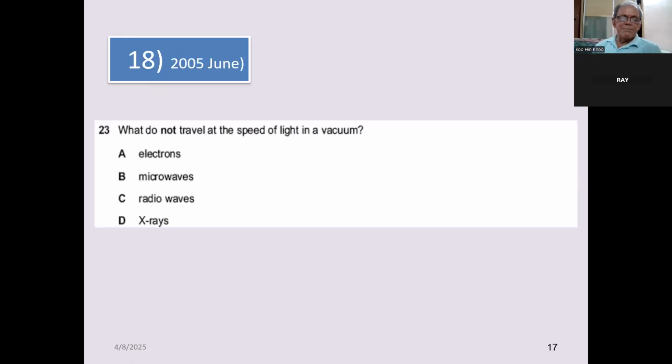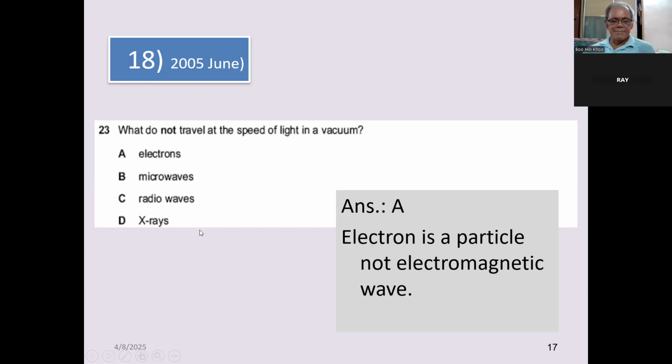What does not travel at the speed of light in vacuum? Should be X-rays. Radio waves. No, all electromagnetic waves travel at the speed of light. Only electrons don't travel at the speed of light. Near the speed of light, but not the speed of light. That's under nuclear physics, beta particles.